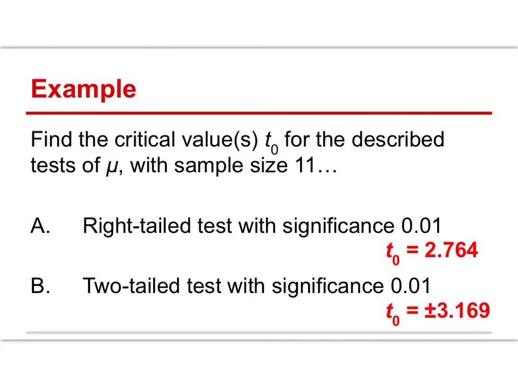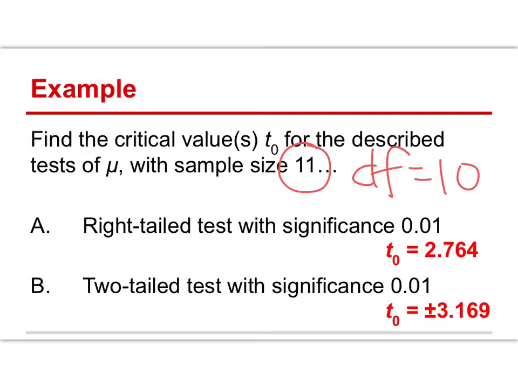If we are looking to find a critical value for t sub 0 for a particular test, let's say our sample size is 11. If we have a sample size of 11, that means that we have 10 degrees of freedom. So we want to be in the row df equals 10.